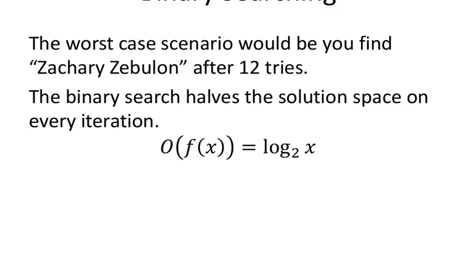And 12 is much better than 4,000. It's a lot faster. In fact, binary searching is a search method of choice for databases. Most databases use binary search or some very closely related type of search to this.